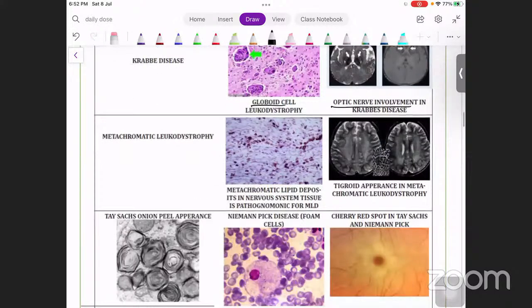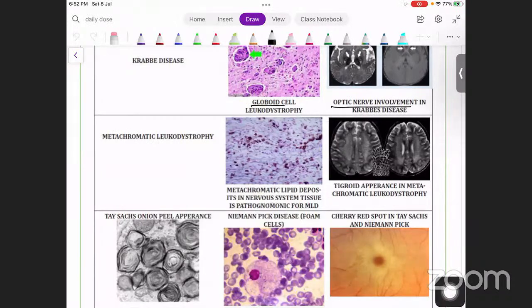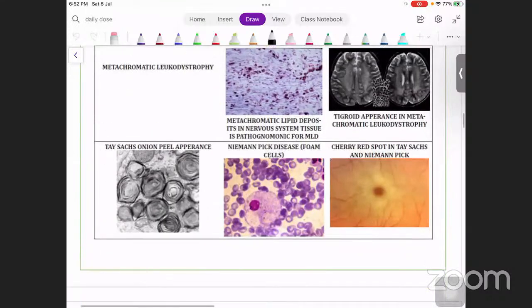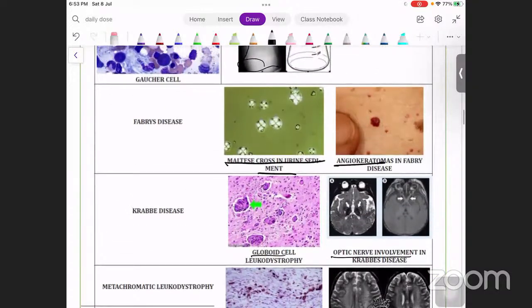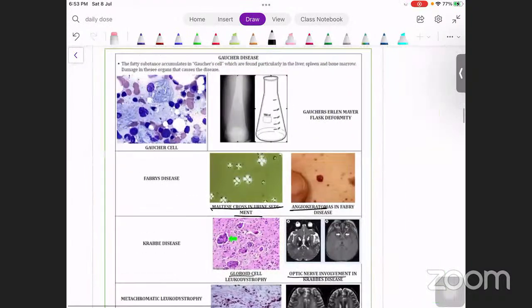Then in metachromatic leukodystrophy, you may see the tigroid appearance. And apart from that, onion peel appearance, the foam cells in Niemann-Pick's, and the cherry red spot in Tay-Sachs and Niemann-Pick's. These are the picture-based questions. They may ask you in terms of your Gaucher's disease, in terms of your lysosomal storage disease.